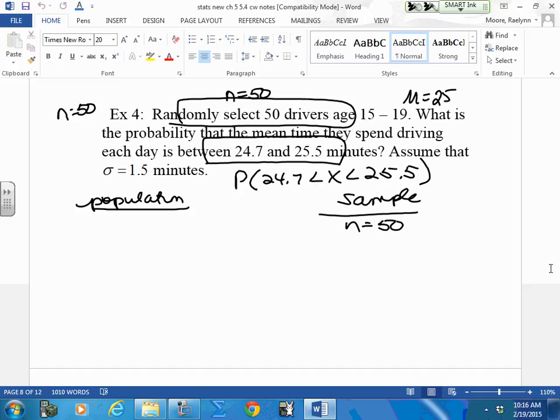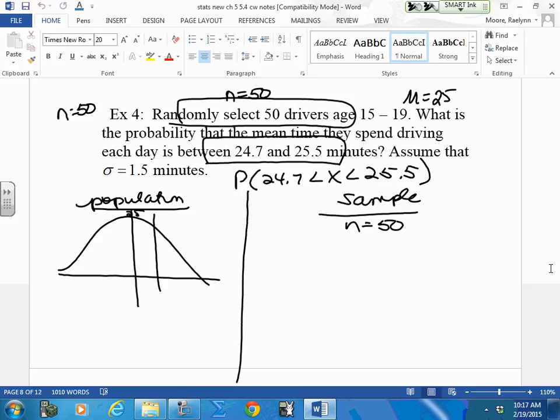Now, if I randomly selected a person, watch the difference. Here's my curve. 25. I'm going to add 1.5. 26.5. Add 1.5. 28. 29.5. This is not what it's asking, but I want to show you population versus sample.